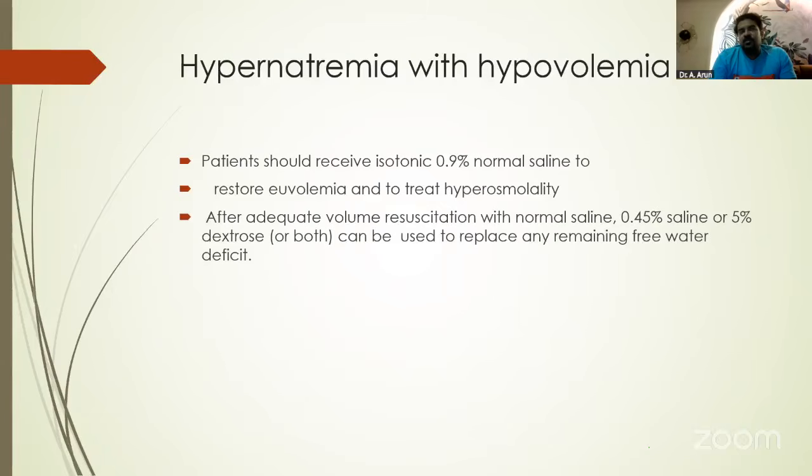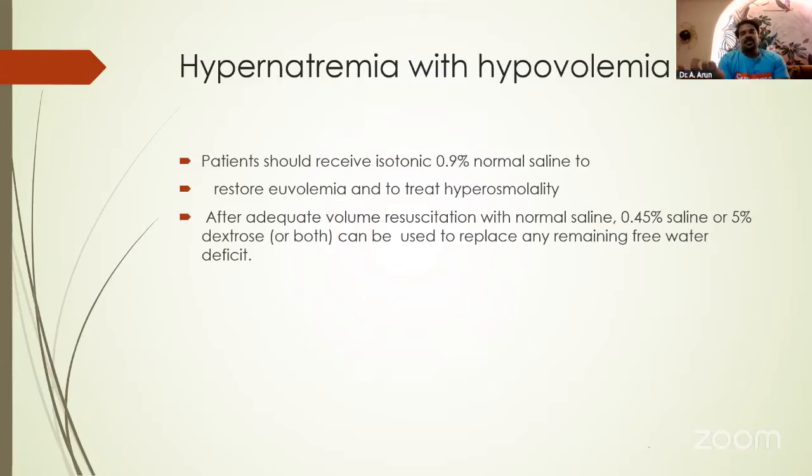One of the things I would always like to stress is that if any patient comes to you with an electrolyte anomaly, the first thing on your mind should be to assess the patient's volume status. Without assessing a patient's volume status, you cannot comment on the electrolytes, because the moment a person goes into a euvolemic state, the electrolyte picture will also change accordingly.